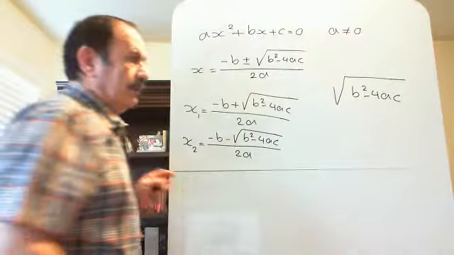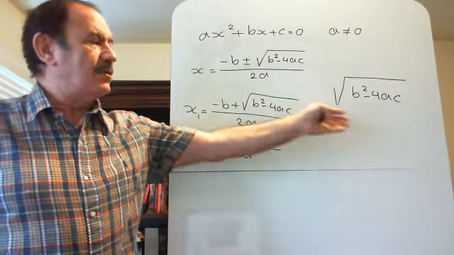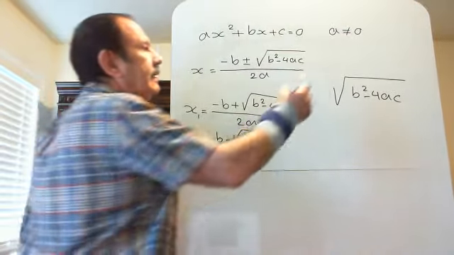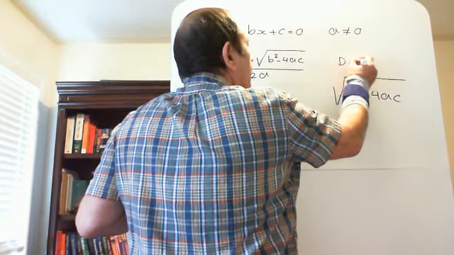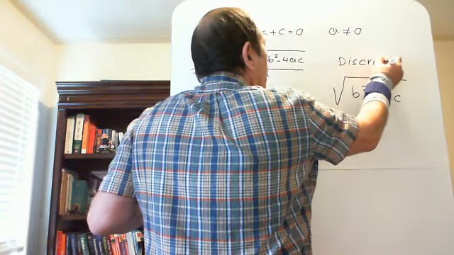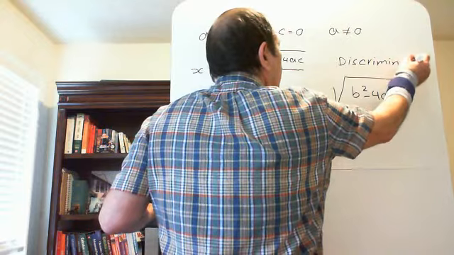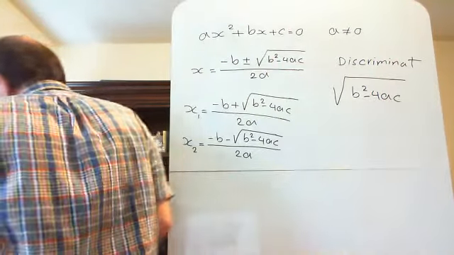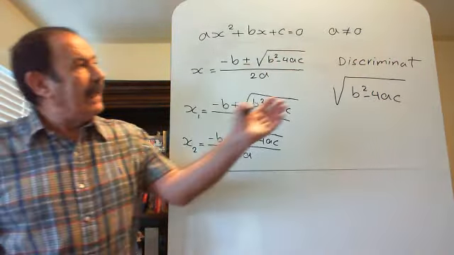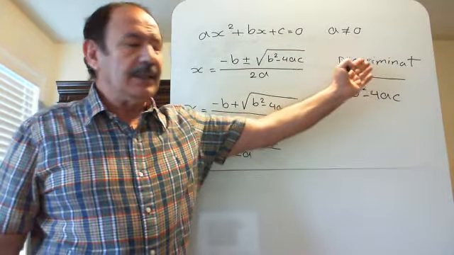The name of this radical is discriminant. Let me check the spelling. Yeah, the name of this radical is discriminant.